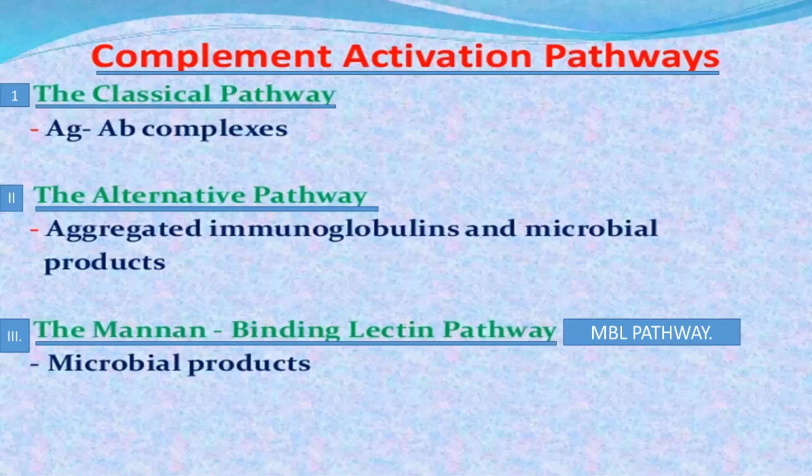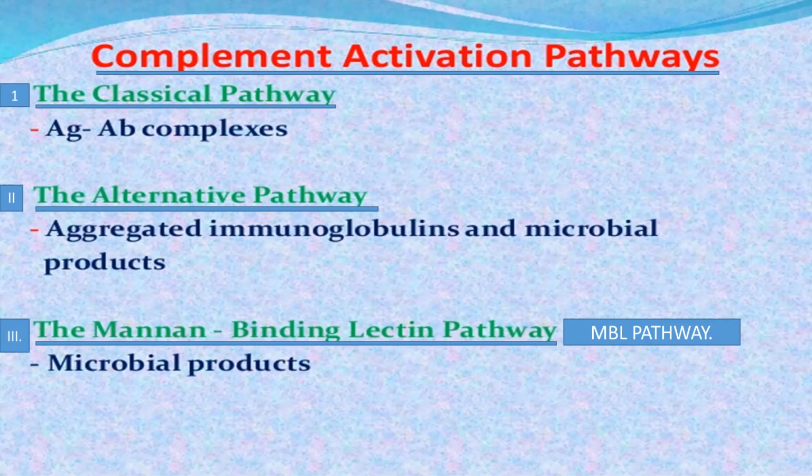In the complement system, there are three types of activation pathways. Number one is the classical pathway. Number two is the alternative pathway, and the last one, number three, is the mannan-binding lectin pathway, or MBL pathway. The classical pathway is the one in which antibody complexes are formed.